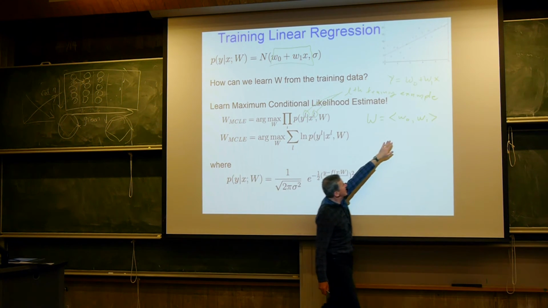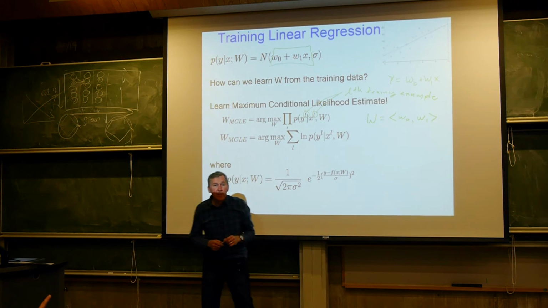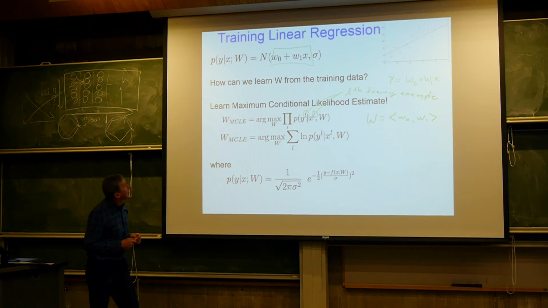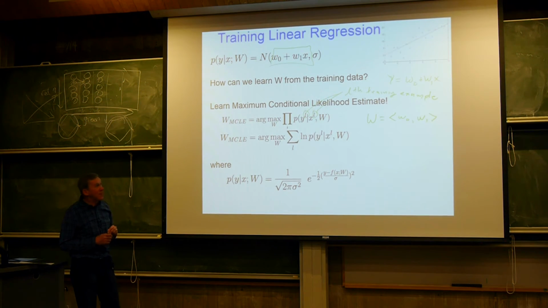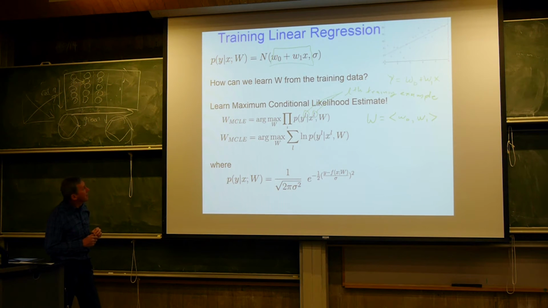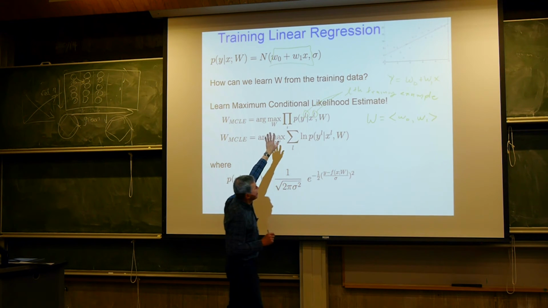If we had a vector of x's, we'd have a w2 and so on. Okay, but in this example, I'm just assuming we have one x, and we're just predicting y as that function of x.